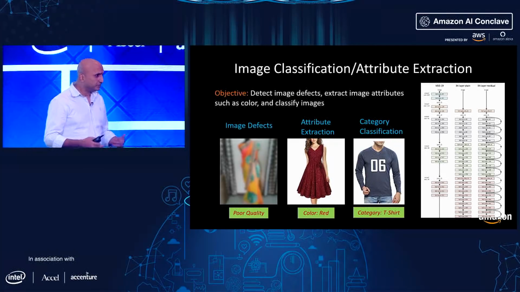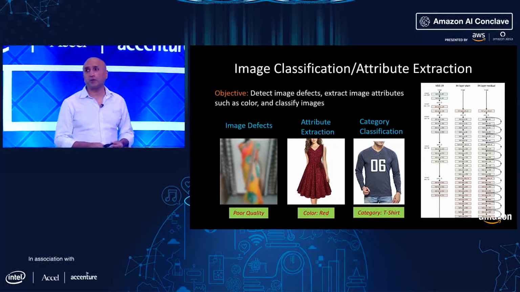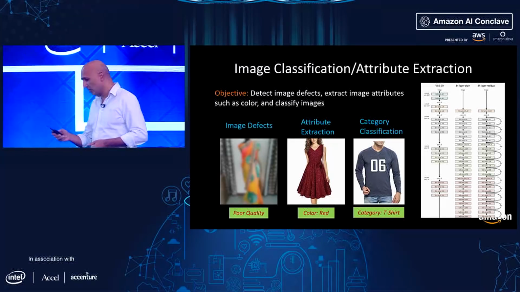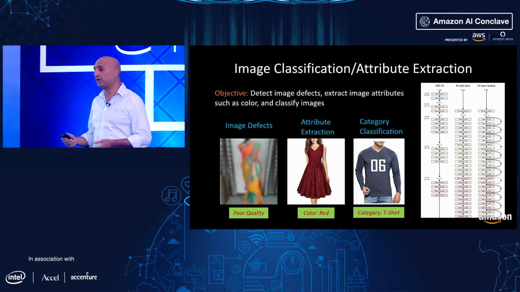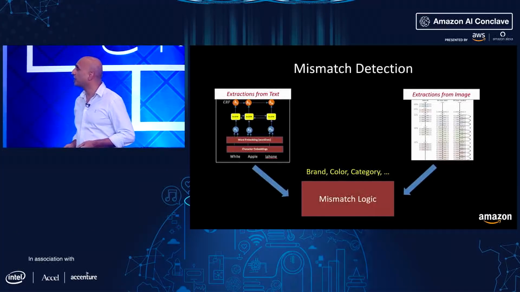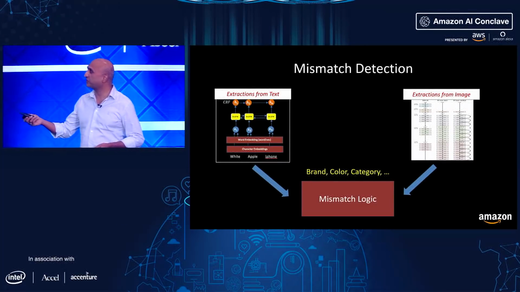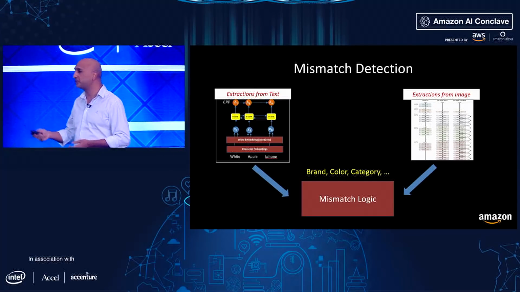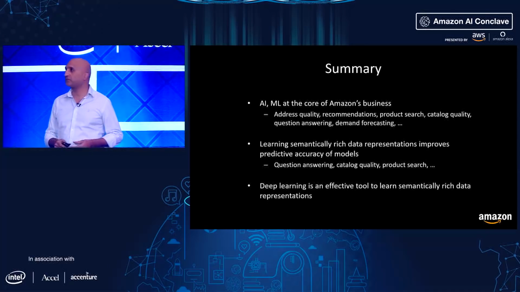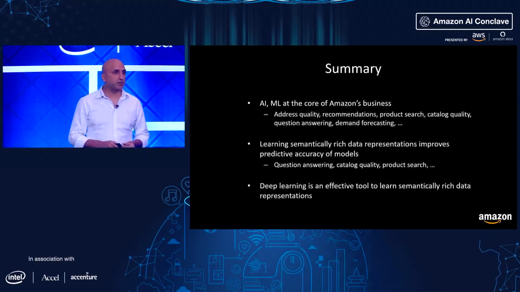So these are, again, deep convolutional neural networks to learn image representations for these different image classification tasks. And once we've extracted attributes like brand, color, category from titles, images, we can compare them and detect product mismatch defects.